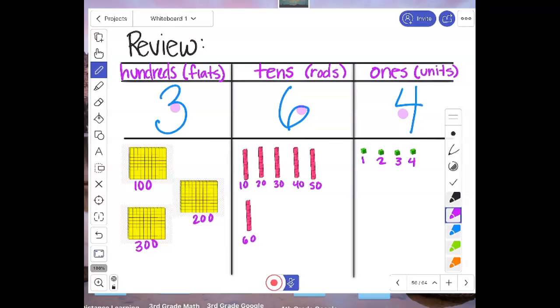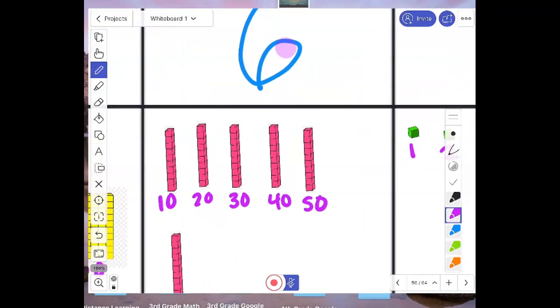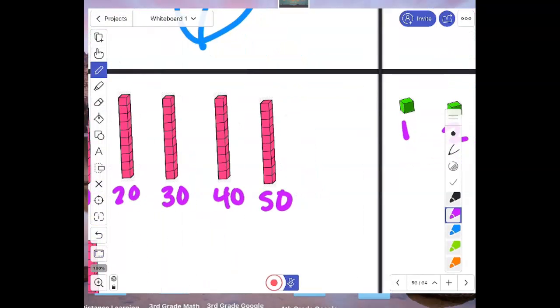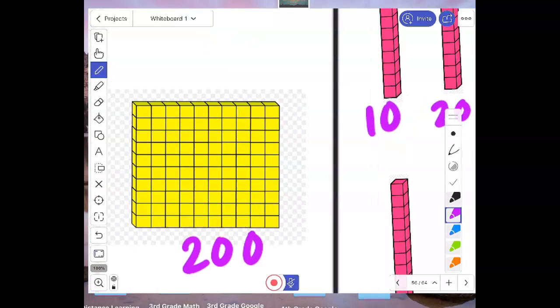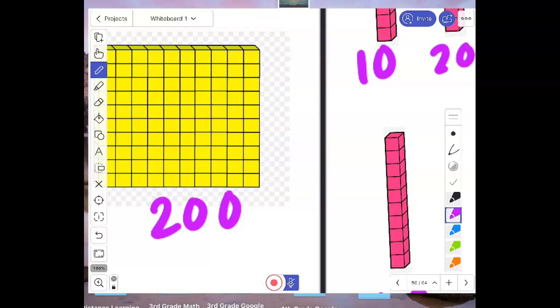If you look super duper closely, my unit right here, or my 1, there are 10 of them here. 1, 2, 3, 4, 5, 6, 7, 8, 9, 10. So that's why that is a 10 or a rod. And if you look super closely over here, we have the 1, 2, 3, 4, 5, 6, 7, 8, 9, 10 that's in the rod.